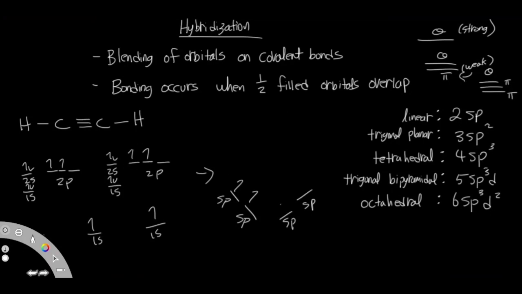This one as well, two of them wanting to bond. However, what about the other bonds? For this one and this one, they need to be present as well. So if there are two more electrons here, they need to be represented as well. And if there are two more electrons here, they need to be represented as well.